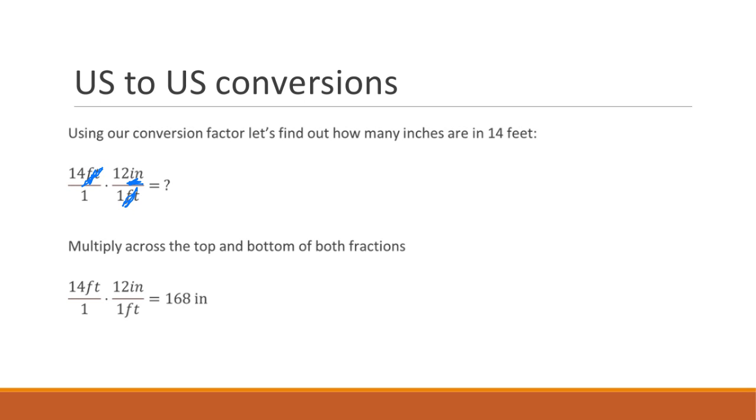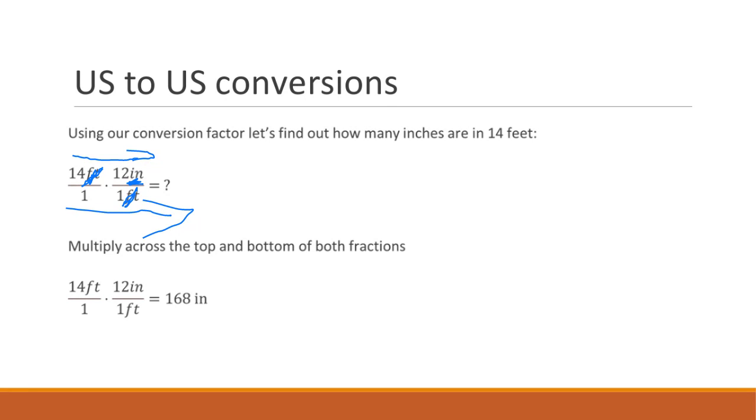So as you can see, we're going to just multiply. And the lovely thing about fractions is when you are multiplying, which is what you're going to be doing for conversion factors most of the time, you multiply just across both lines, top and bottom. I multiply across the top line and I multiply across the bottom line.